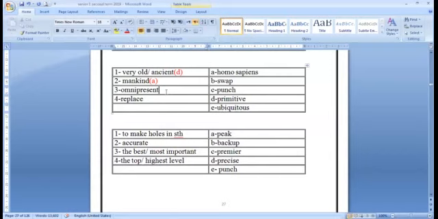So of course the answer here is ubiquitous, E. The following word we have just said, the word replace. So the answer here is swap. The word swap means replace.